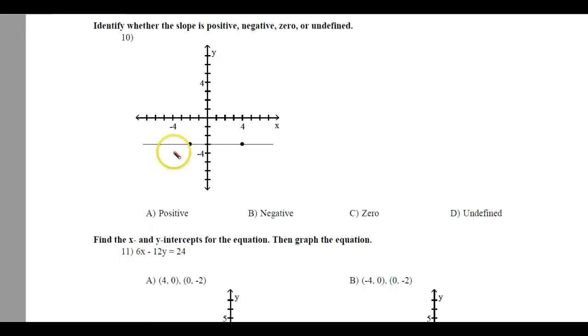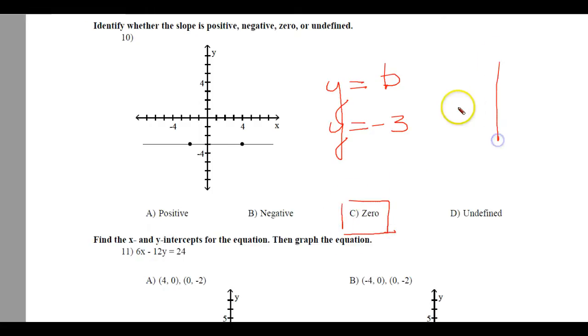Now, looking at this particular graph, it's a graph of a horizontal line, and the equation would be in the form of y equals b, and our y-intercept here is -3. So this is y equals -3. And what is the slope of any horizontal line? We said it was 0.